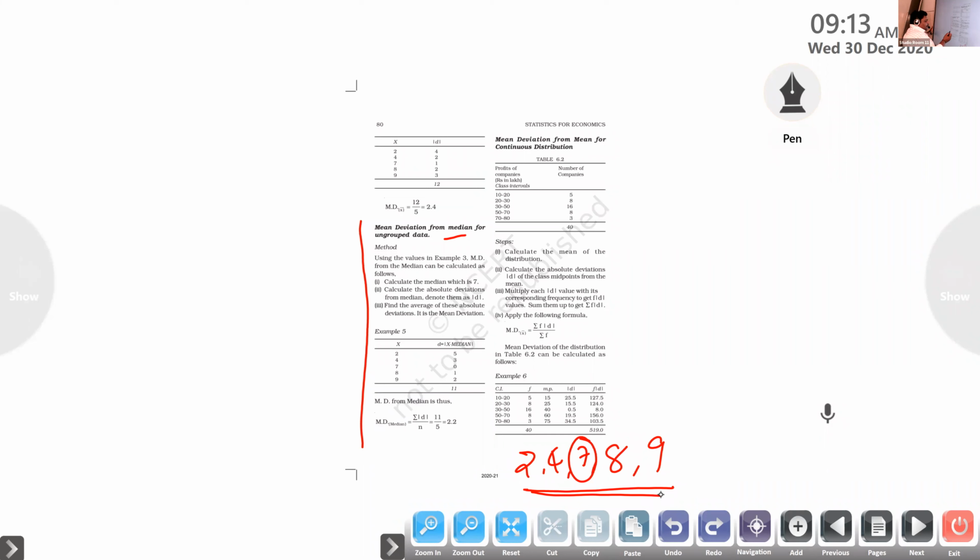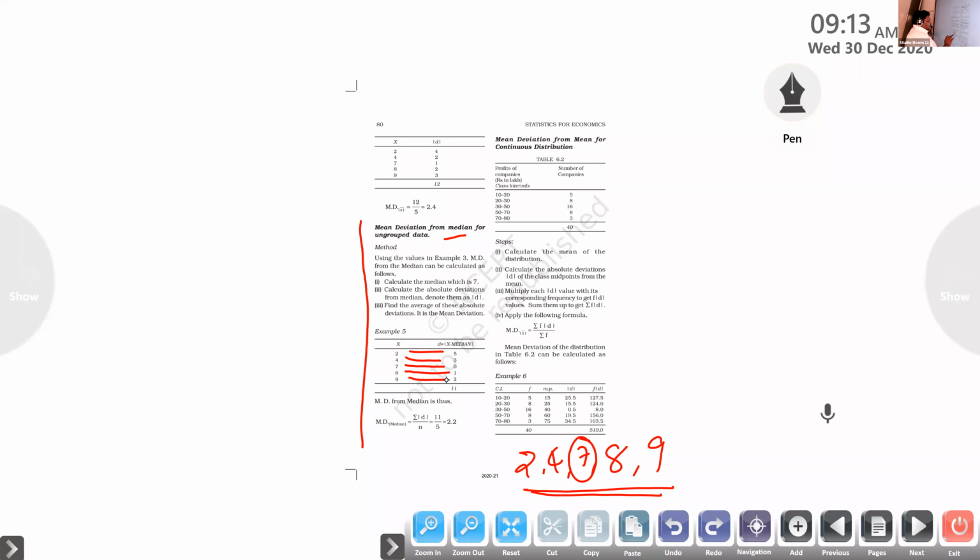Next, we are finding the difference between the median and the observations. For 2, 4, 7, 8, 9: the difference between 2 and 7 is 5. Between 4 and 7, it is 3. Between 7 and 7, it is 0. Between 7 and 8, it is 1. Between 9 and 7, it is 2.